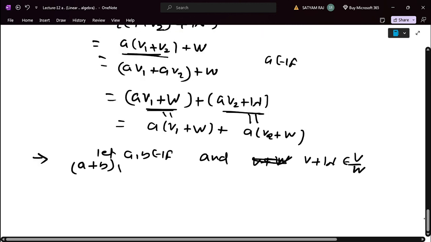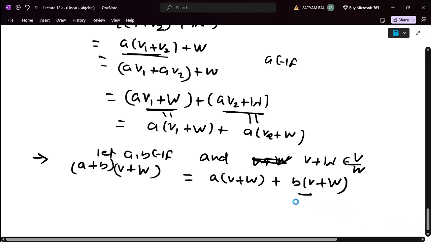One can easily prove that a plus b into v plus w equals a v plus w plus b v plus w, using the definition of dot and the definition of plus.